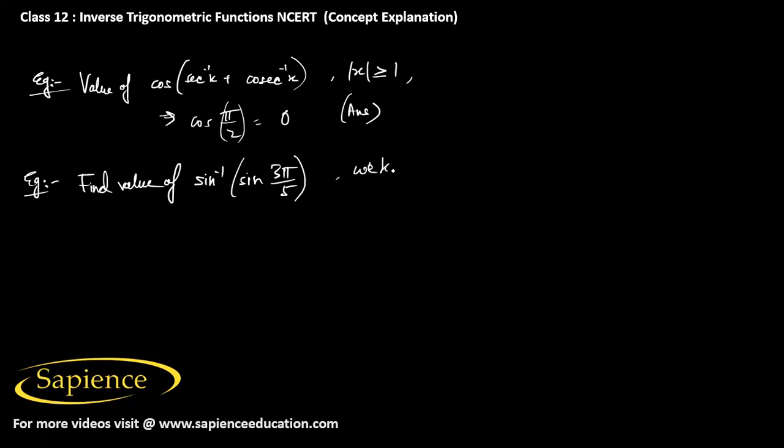So the rule is that we know that sine inverse of sine x is equal to x if x lies in the principal value branch, meaning if x is greater than or equal to minus pi by 2 and less than or equal to pi by 2, then only we can say that sine inverse sine x is x.